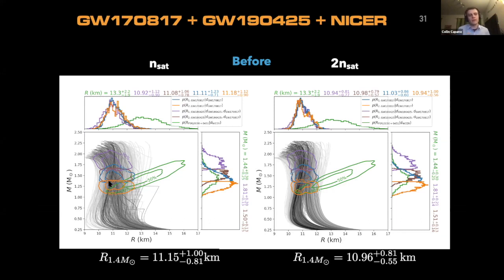Unfortunately, we haven't had any other detections, at least that I know of. Like I said, I'm not in LIGO anymore, so I don't know. There's still some data that has to be released, although based on the GCNs, I don't expect there to be any others that can further constrain this. So we'll probably have to wait until the next observing run to get much better constraints, at least from the gravitational wave side.